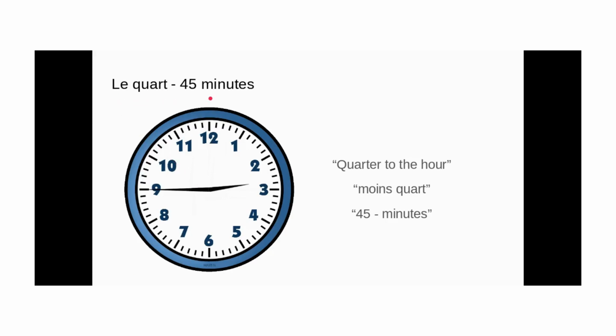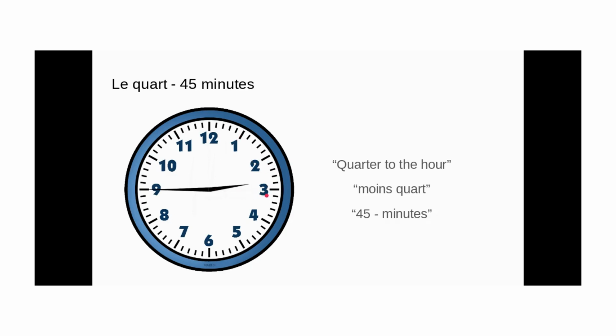Le quart, 45 minutes. Quarter to the hour. We say moins quart, 45 minutes. So, an example here, this one is il est 3h moins quart. So what we're saying is it's 15 minutes less to the actual hour of 3 o'clock.